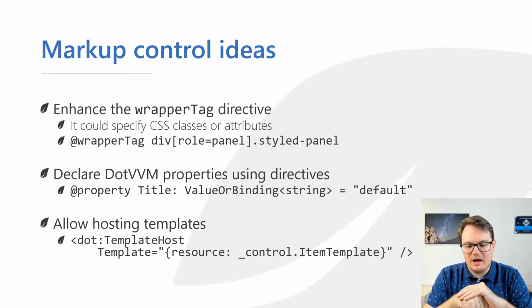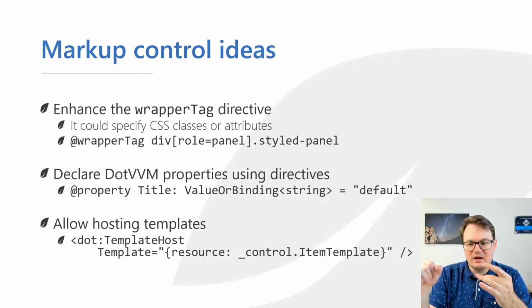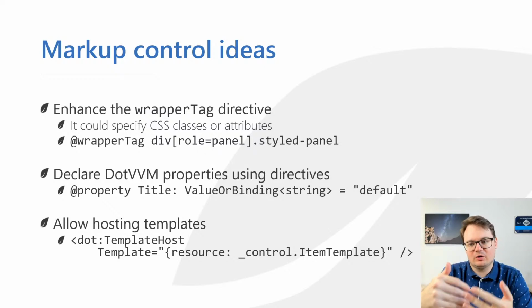But if you want, for example, to use a CSS class on the entire markup control, then you need to use the code behind class and add attributes or CSS classes, so whenever you use the markup control, it will also have the correct CSS class.